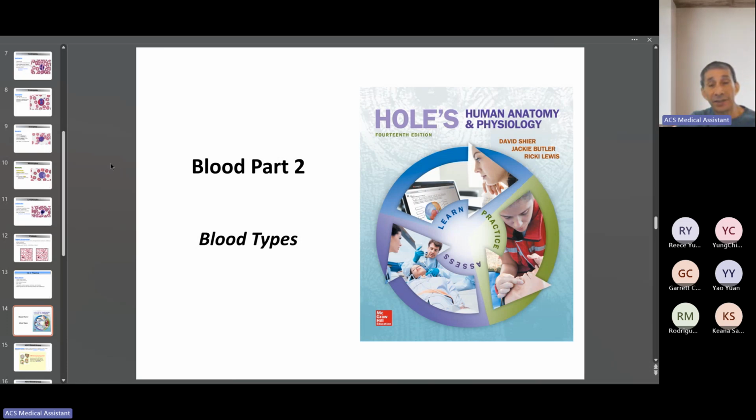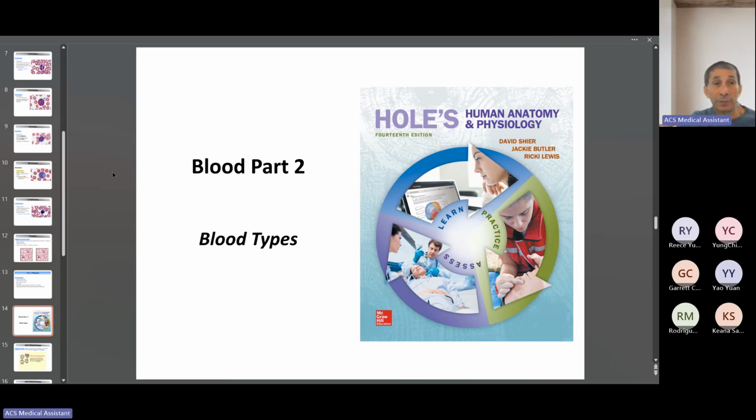Remember, you cannot transfuse blood that is a different type. Our body reacts badly if I transfuse you with a type of blood that's not compatible with yours. That is like a death sentence. Instead of helping me out, you're killing me faster.